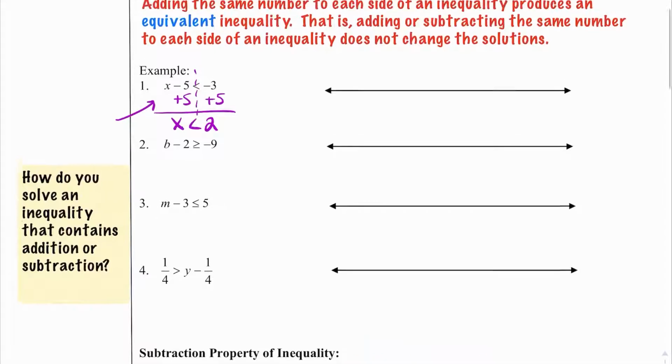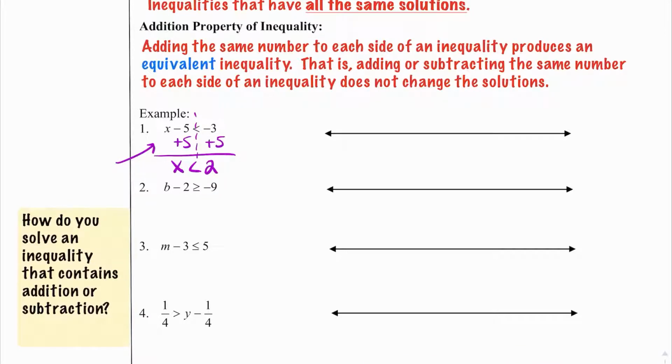And what it means is we actually produce something called equivalent inequalities. So equivalent inequalities, this inequality, x minus 5 is less than negative 3, is equivalent to this one, x is less than 2, meaning they have the same answers. So we can use addition to undo subtraction in an inequality.